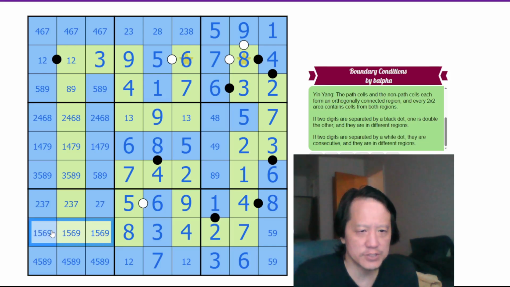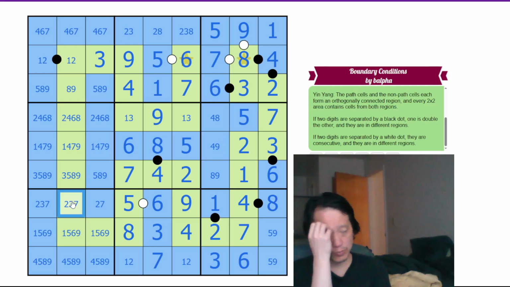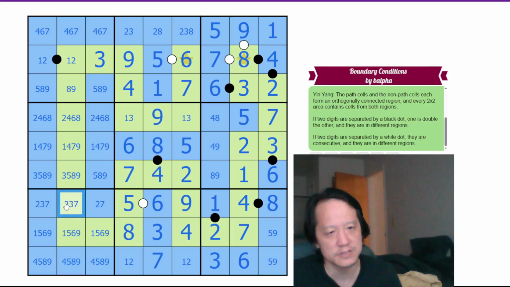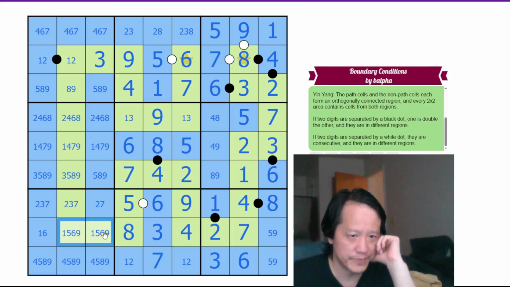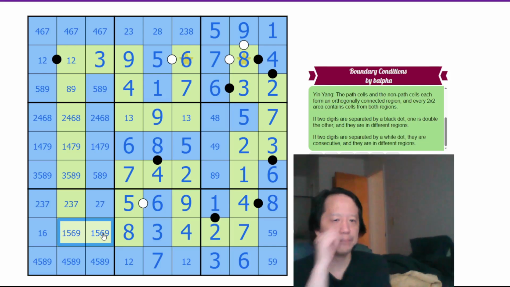We have a guaranteed 1 in one of these 3 cells. We have a guaranteed 6 in one of these 3 cells. Can we have both 1 and 6 here? The answer is no, because 1 and 6 to add up to 13 with another digit would have to be a 6. 1, 6, and 6, and we can't have repeats in boxes. So this is guaranteed to be 1 out of 1 or 6, and this has to have 1 out of 1 or 6 only.